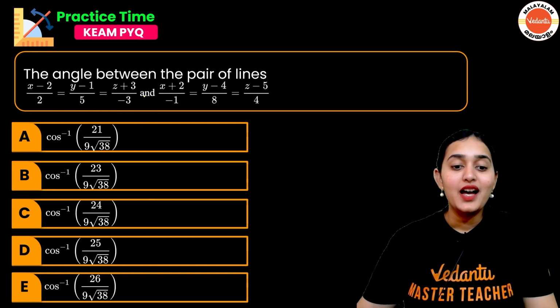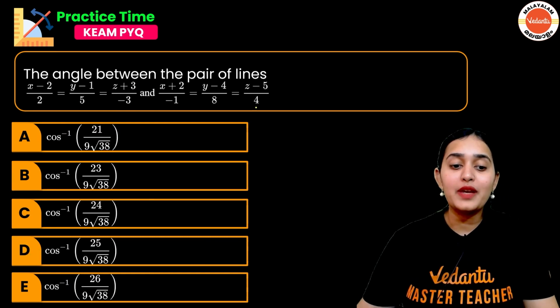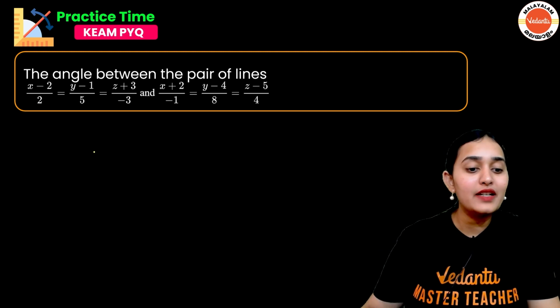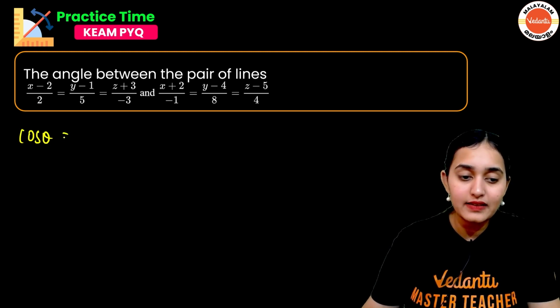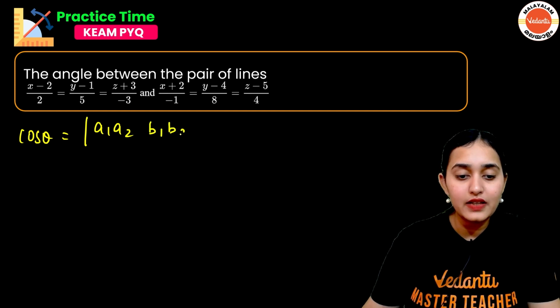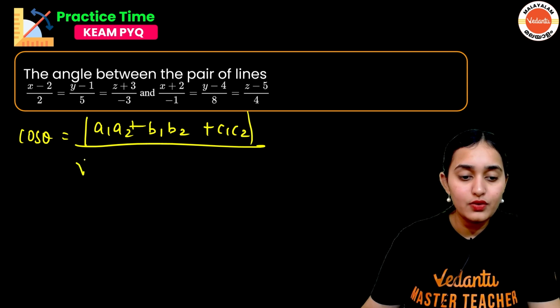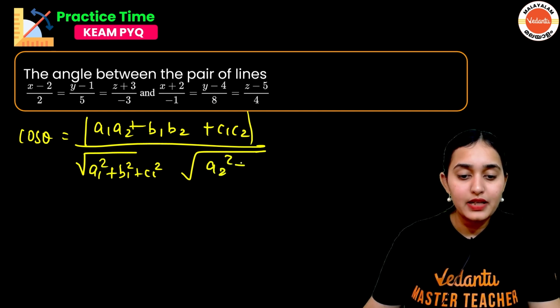Okay. What is the angle between these two pair of lines? How to find out angle between two lines? Simple. Cos theta is equal to mod value of a1 a2 plus b1 b2 plus c1 c2 upon root over a1 square plus b1 square plus c1 square into root over a2 square plus b2 square plus c2 square.